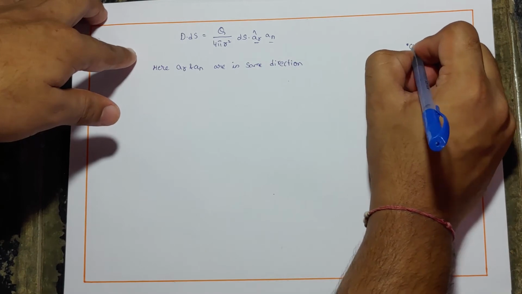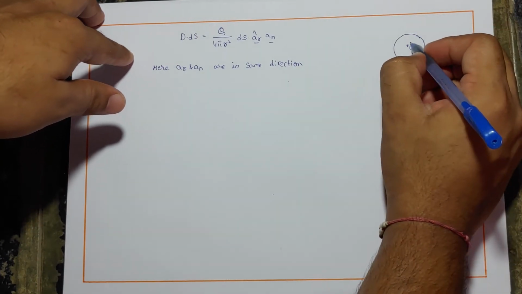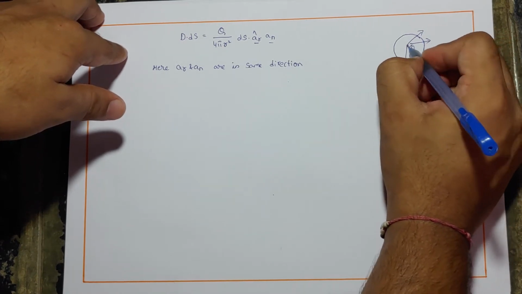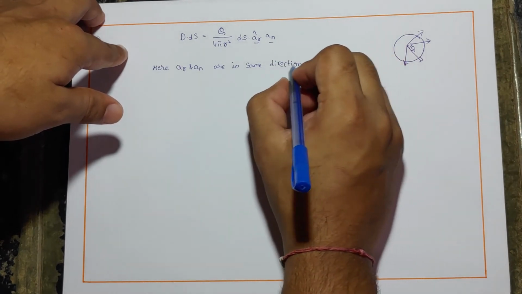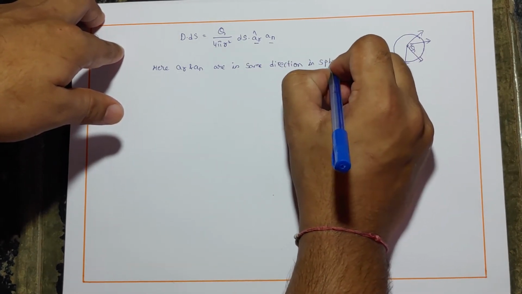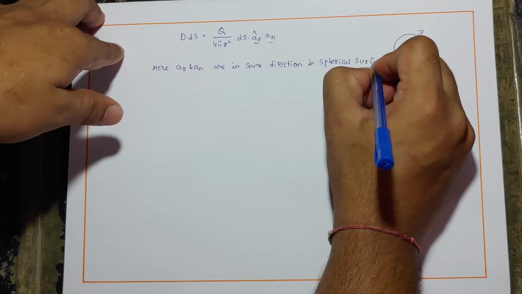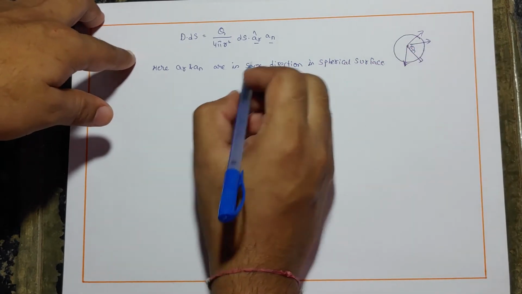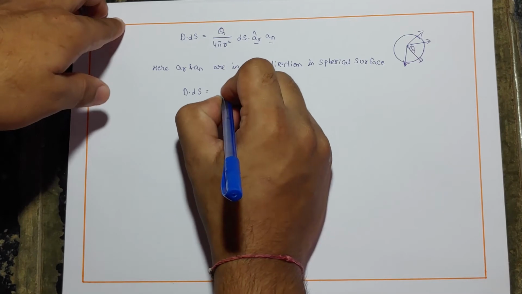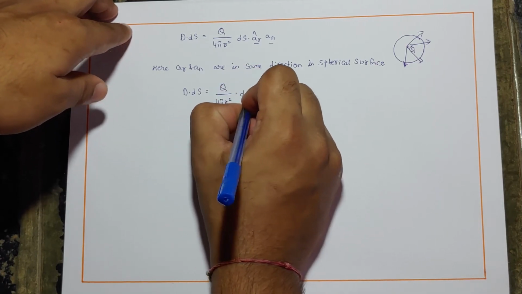Here it is a charge Q and this is the electric field intensity, in the same direction on the spherical surface. So these two will be nullified, that is D dot dS is equal to Q by 4 pi r square into dS.